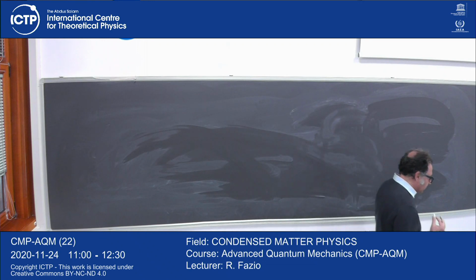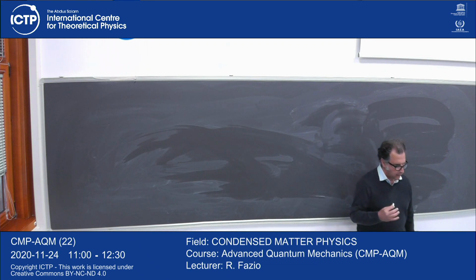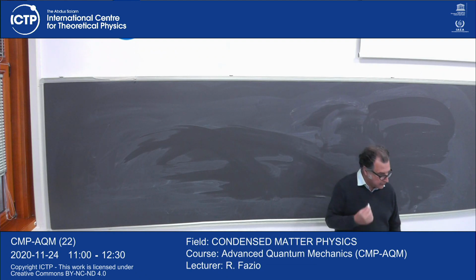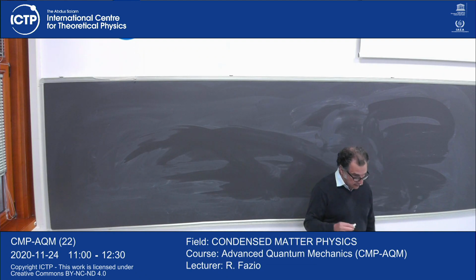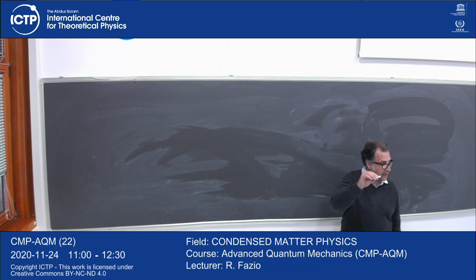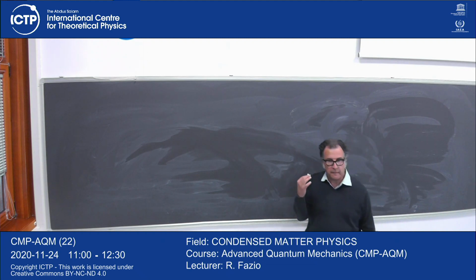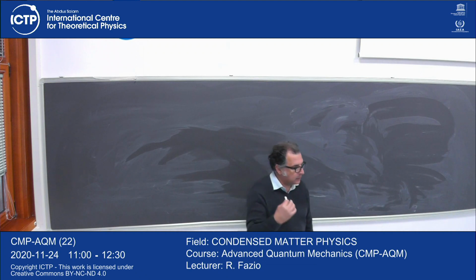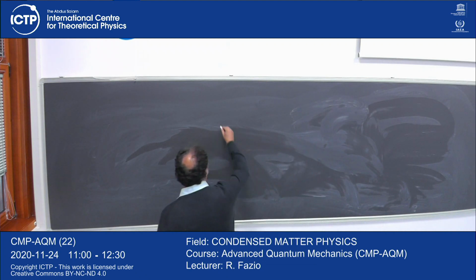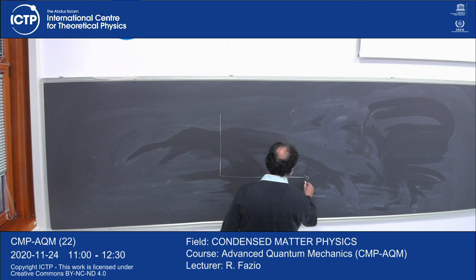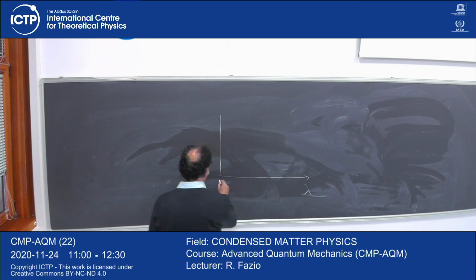Now, in the case of non-degenerate perturbation theory, I hope I managed to explain the fact that individual states and levels have their own individuality that persists also in the perturbed system. So schematically, if I plot here the perturbation, say lambda, this is 0.